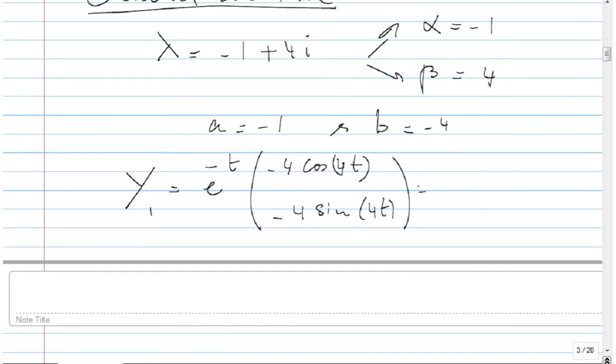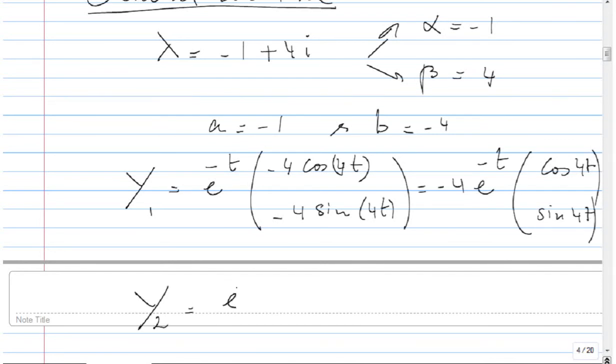Since I can put the minus 4 outside, I can ignore it because we're going to do c1 y1 plus c2 y2. So this gives me cosine 4t and sine 4t. So we found y1.